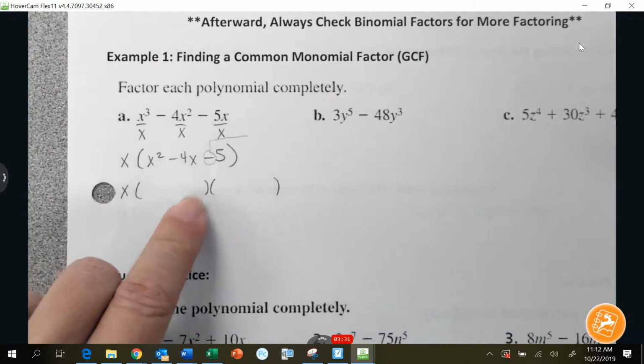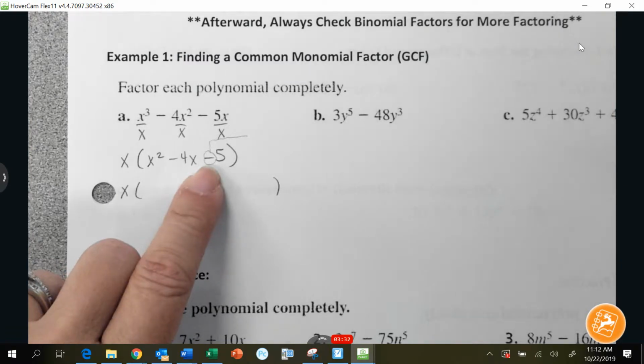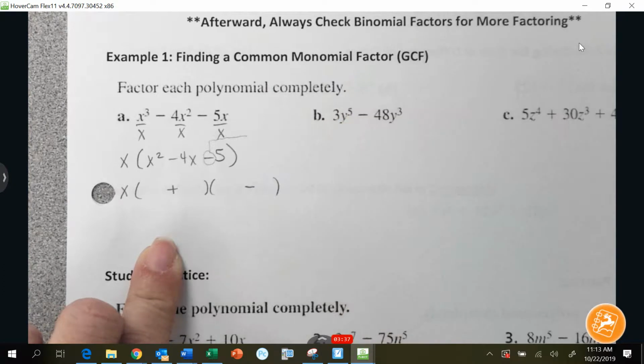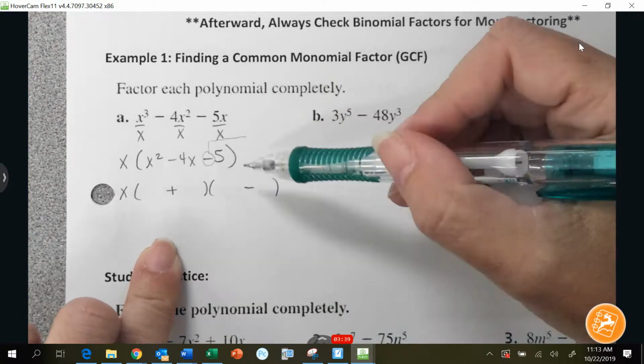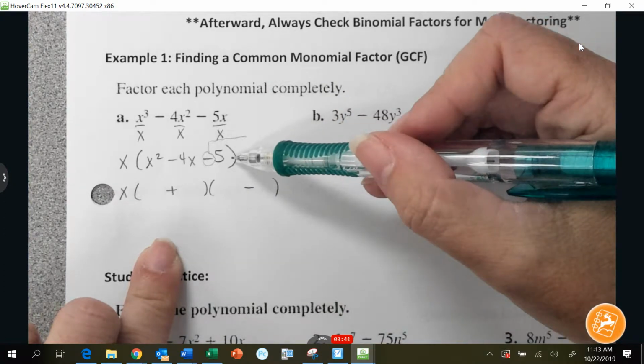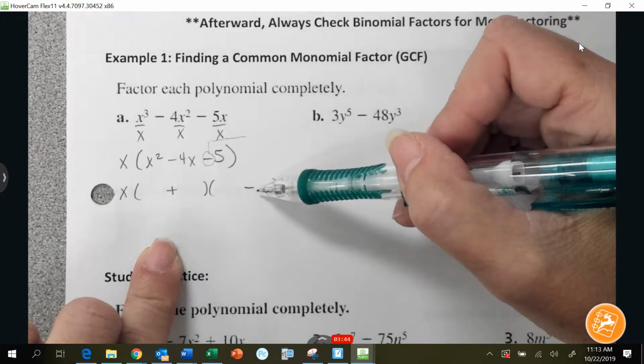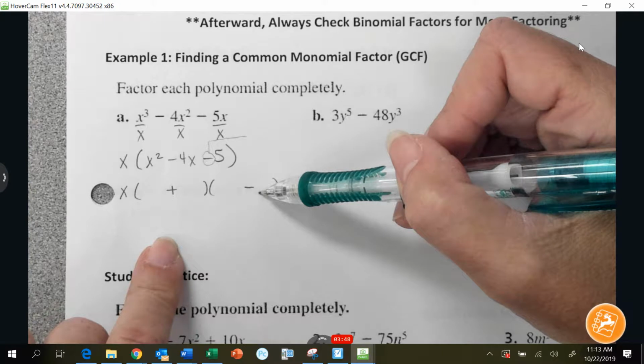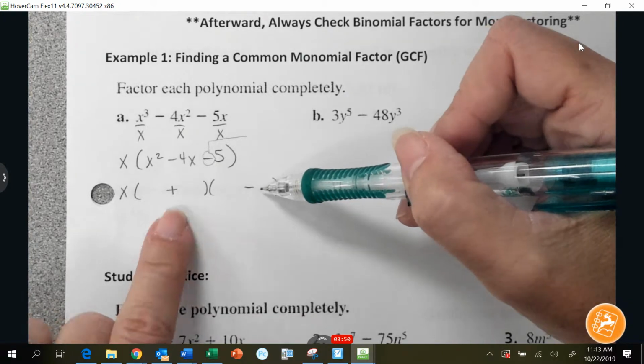If the sign is a negative sign, that tells me I will have a positive and a negative. Because the only way I can multiply 2 numbers together and get a negative 5 is if one of them is negative. What happens if both are negative? It would be positive. So it has to be one of each sign.